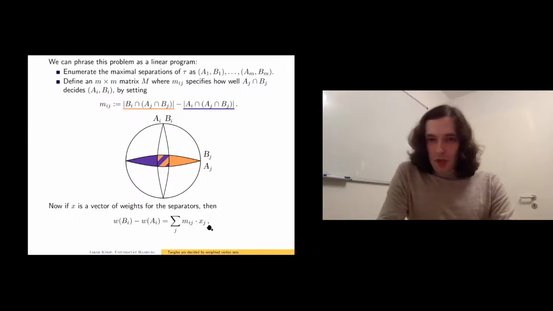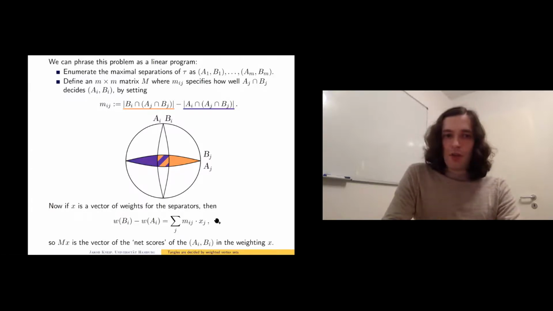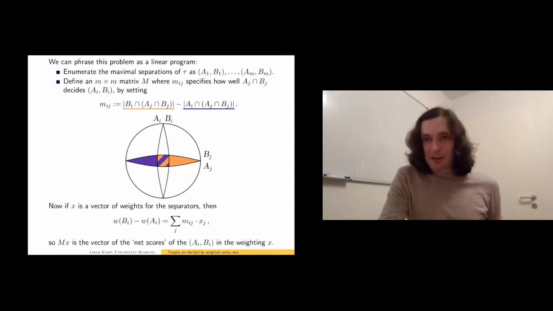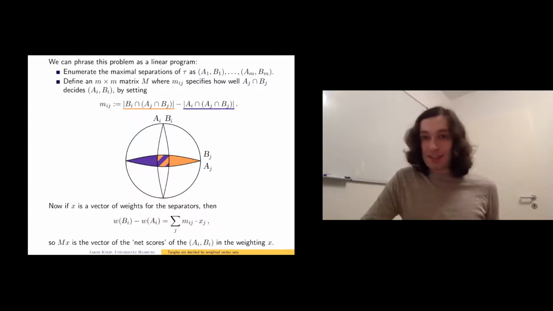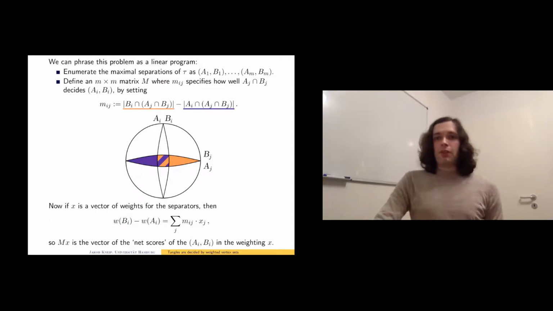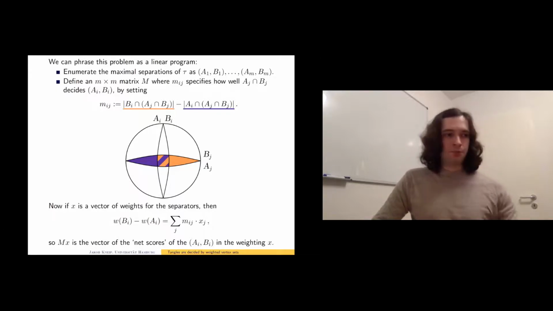Now, if we look at this expression here, then we hopefully recognize that what we've written here is exactly the ith entry of the product M times x. So again, if we encode the weights of the separators in the vector x, then the product M times x is going to tell us the total weight of the big sides minus the total weight of the small sides for each of our maximal separations.